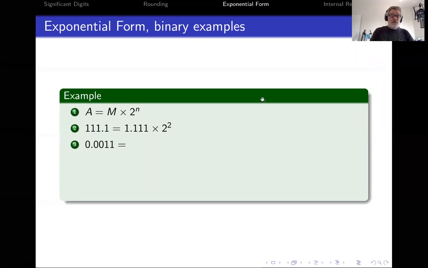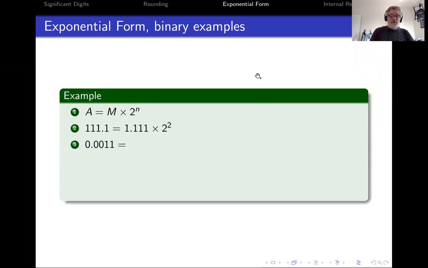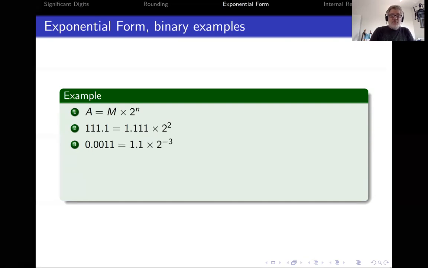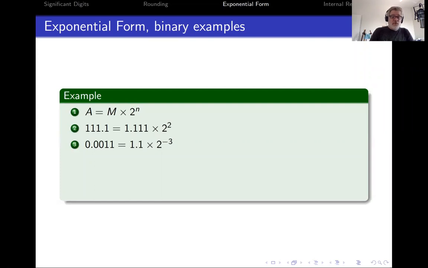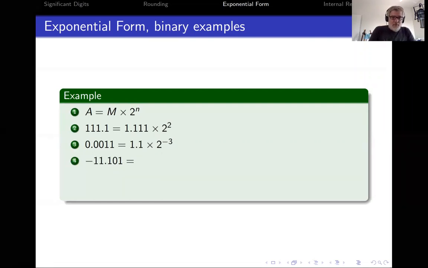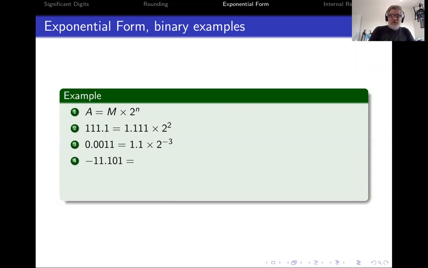All right, so 0.0011, I need to shift that binary point 3 steps to the right. That would make the number bigger if I didn't compensate in the exponent, so the exponent will be negative. So this is the same as 1.1 times 2 to the negative 3. Minus 1, notice I don't say 11, it's 1, 1, in binary.